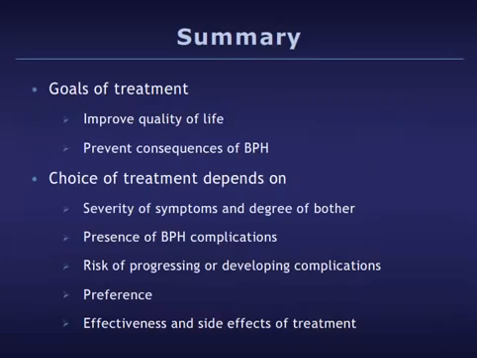The goals of treatment begin with helping you to improve your quality of life and ultimately preventing the health consequences of BPH. The choice of treatment can depend on several aspects, including severity of symptoms and degree of bother, the presence of complications due to BPH, the risk of progression or development of complications, the preference either of the patient or physician, and the effectiveness and side effects of the treatment.